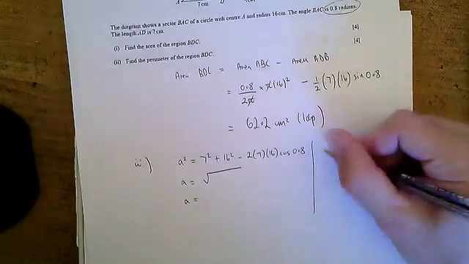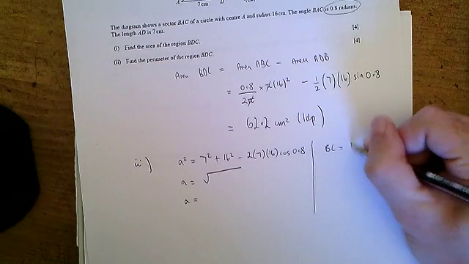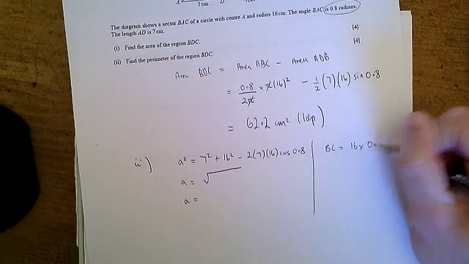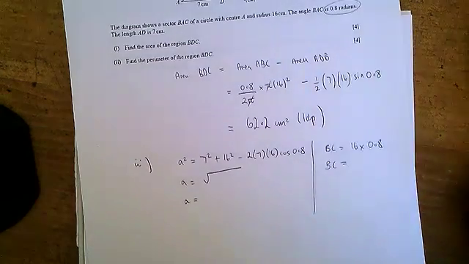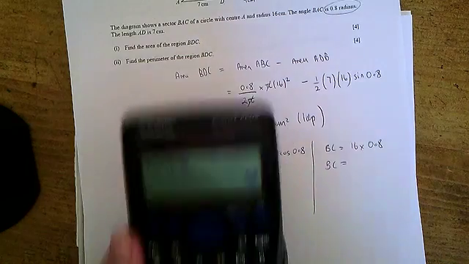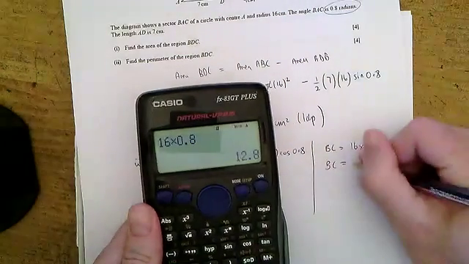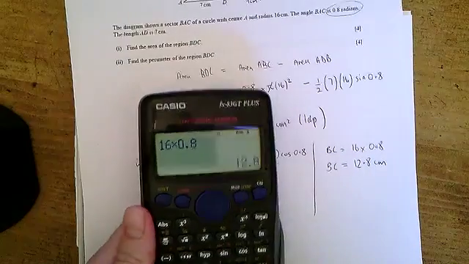Similarly for my arc length, from B to C, I just want the radius times the angle, so that's 16 times 0.8. That's nice and easy to work out. B to C is 12.8 centimeters, not even to 1 decimal place, that's just what the answer is.